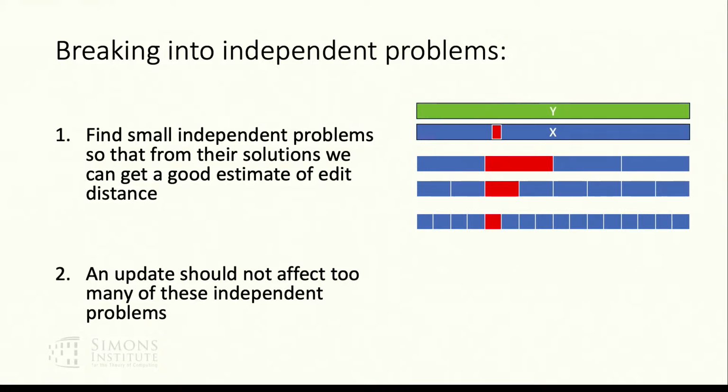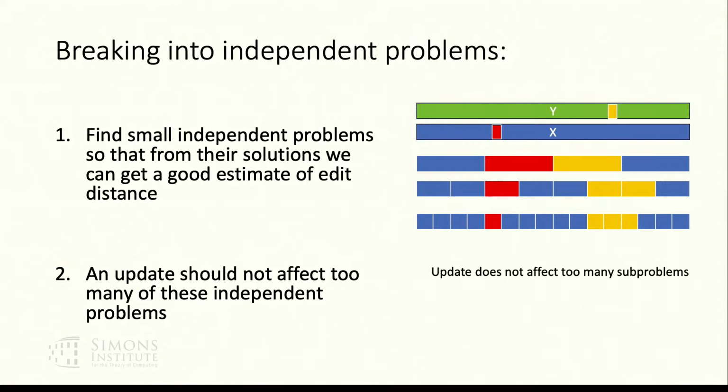Another property that I should have is that when an update happens, it should not affect too many of these independent problems. If an update happens here, it should affect only a few subproblems. If you have these two properties, then there is hope that you can come up with a good dynamic algorithm.